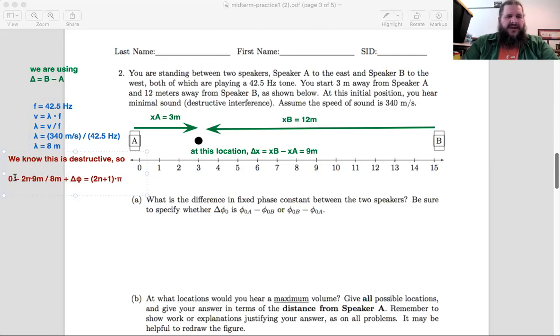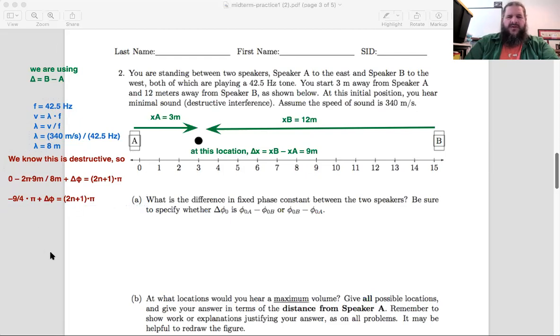So we have negative 2 pi times 9 meters divided by 8 meters, plus possibly some unknown phase difference, equals an odd number times pi. If we simplify, the 2 and the 8 reduce to 1 over 4, so we get 9/4 times pi. Oh, that should be negative, actually. Negative 9/4 times pi plus delta little phi equals 2n plus 1 times pi.